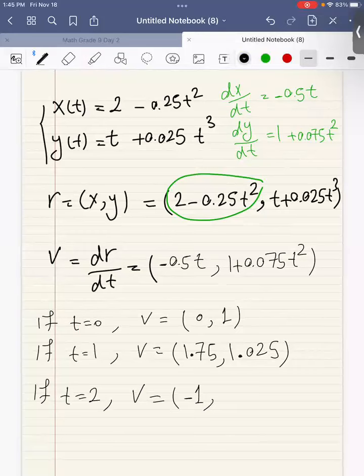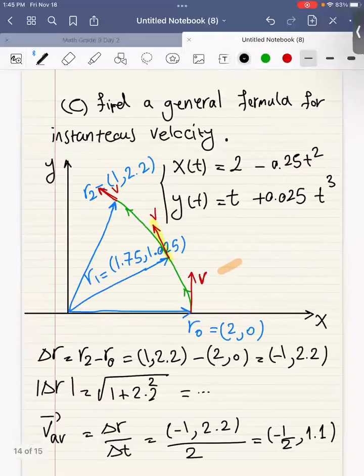So exactly, it's 1.3. So these are the instantaneous velocities at t equal to 0, t equal to 1, and t equal to 2. This guy is at t equal to 2. This guy at t equal to 0. Okay?